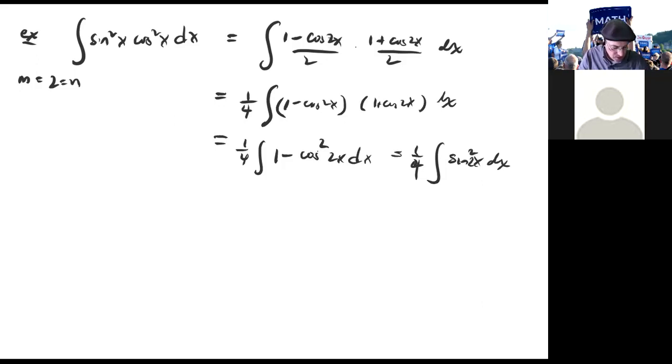Well, I'm going to just do a simple u substitution, u equals 2x. Then du is 2 dx.